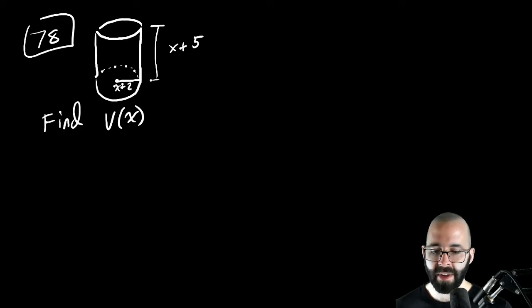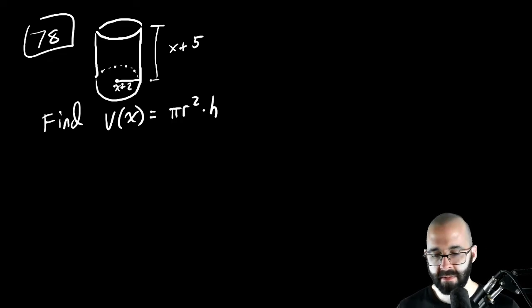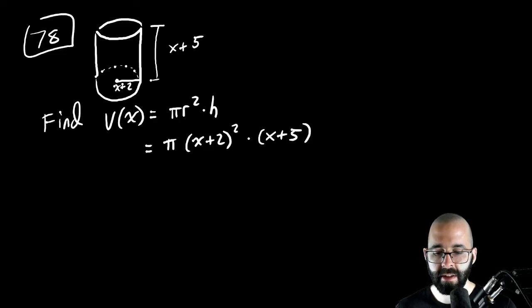But since it's just like a shape on the top and a shape on the bottom connected like so, the volume is always just the area of the bottom times the height. You can also Google the equation for the volume of a cylinder, and this is what you'll get. Pi times the radius, x plus 2, squared times the height, which is x plus 5.